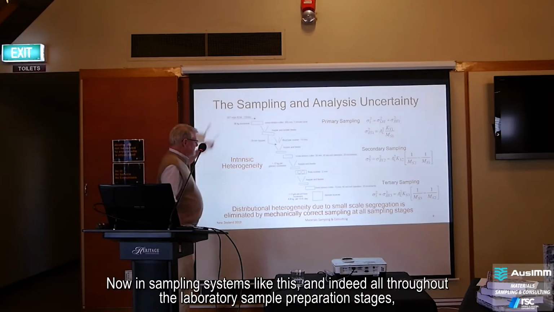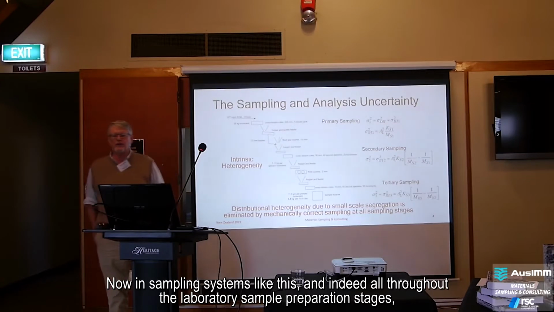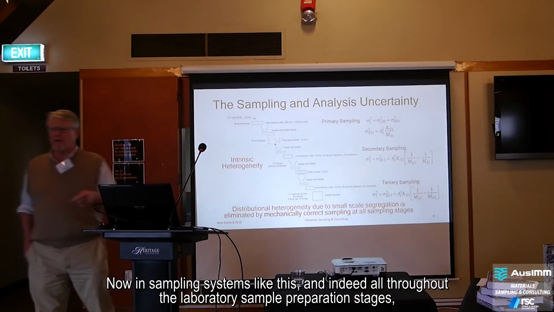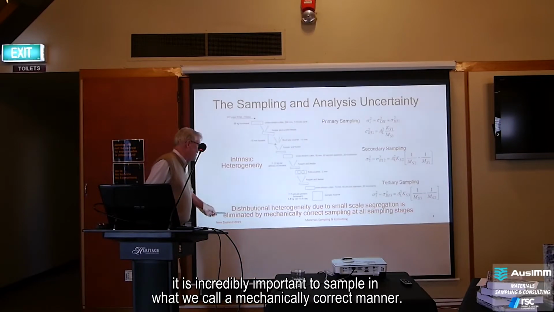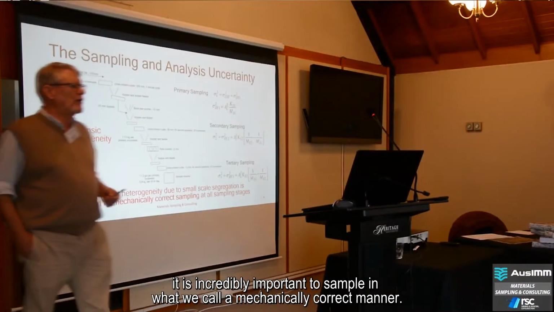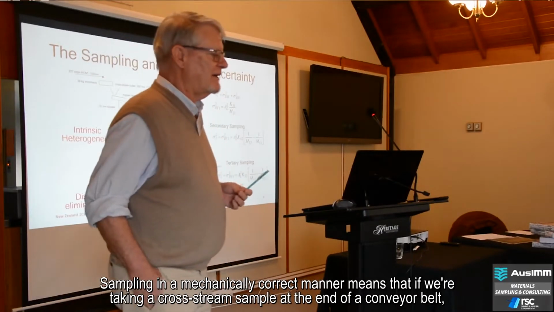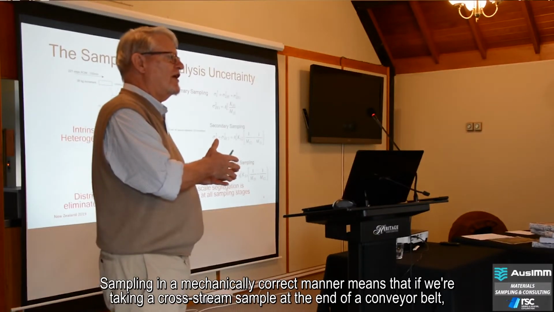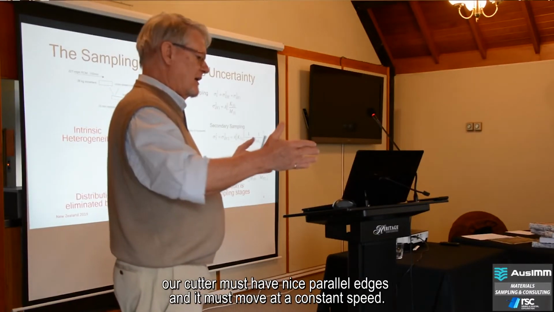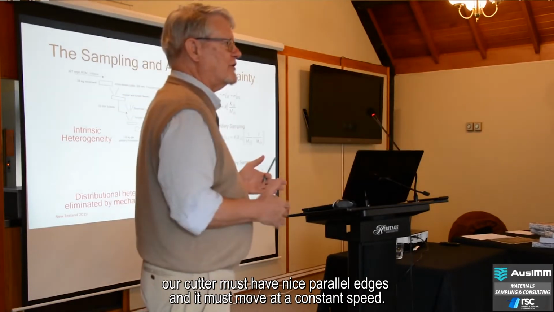Now, in sampling systems like this, and indeed all throughout the laboratory sample preparation stages, it is incredibly important to sample in what we call a mechanically correct manner. Sampling in a mechanically correct manner means that if we're taking a cross-stream sample at the end of a conveyor belt, our cutter must have nice parallel edges, and it must move at a constant speed.